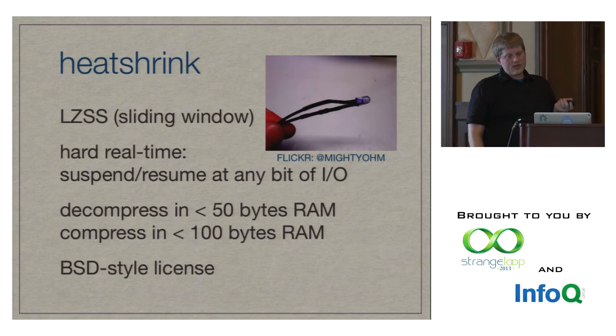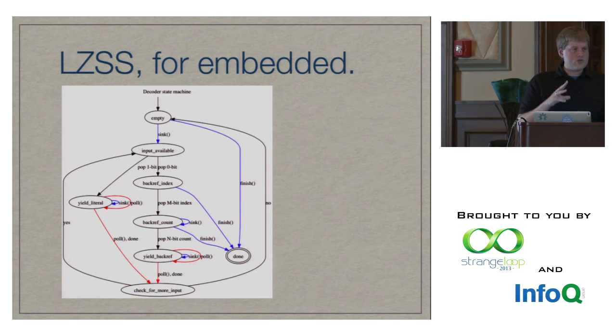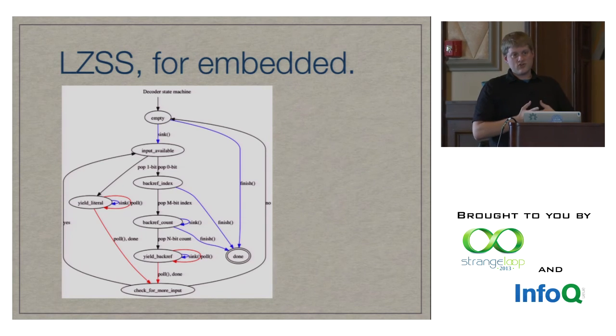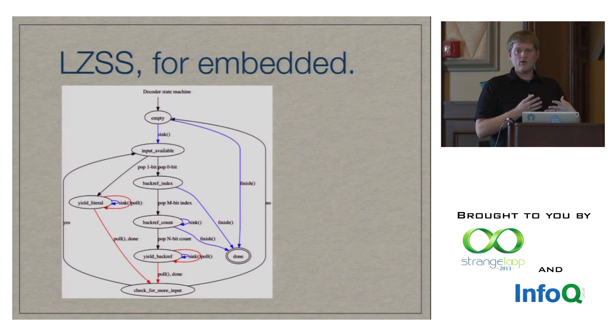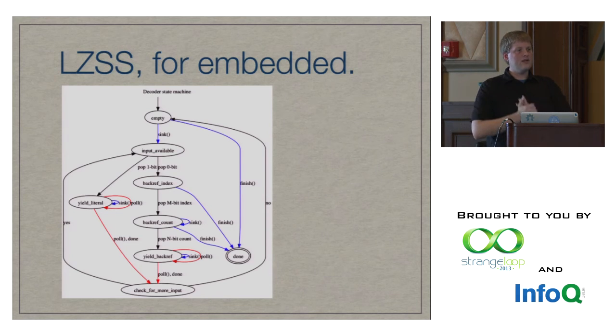So the way that I implemented this was by creating a big formal state machine for it, where I was able to represent all of the transitions and ensure that if I had to suspend and resume on individual bits of I/O, because this is running as a coroutine with other stuff that's going on, then I could be sure to keep the information that I needed and then restore that later on to continue where I left off.